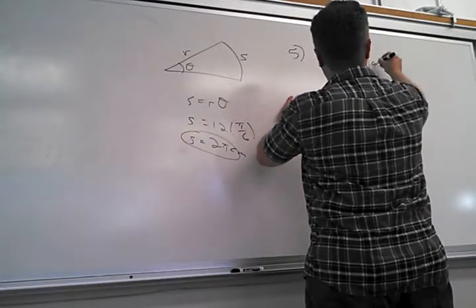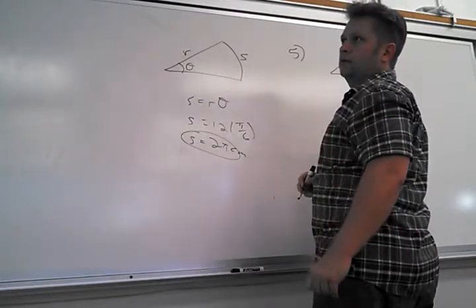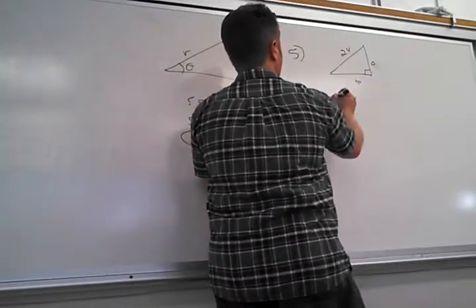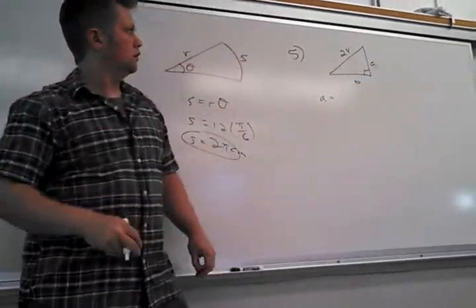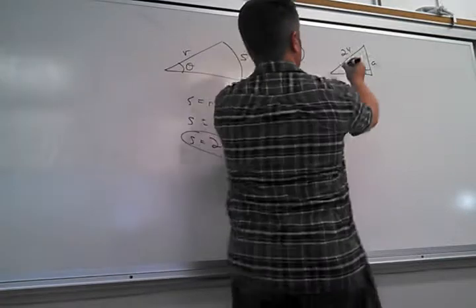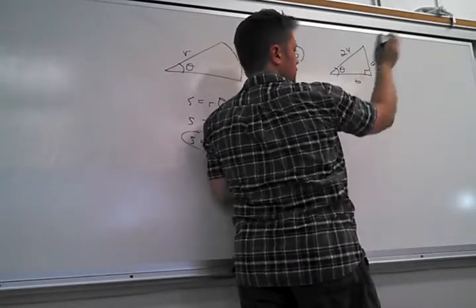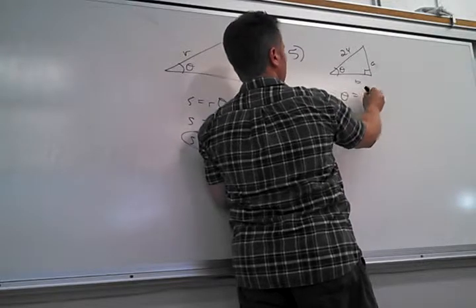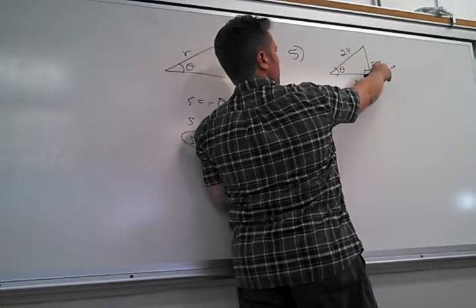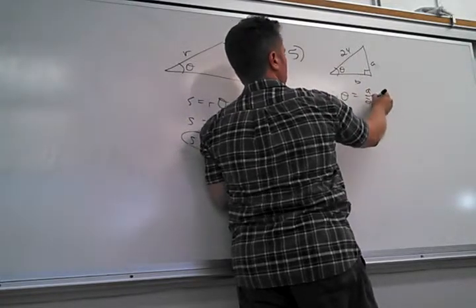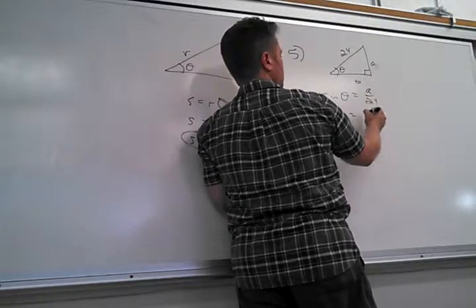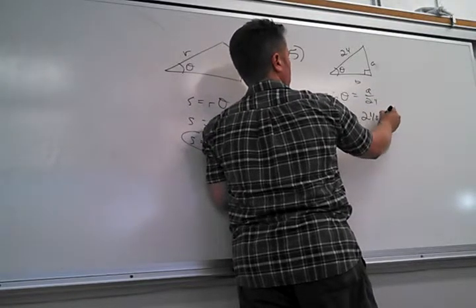It says express A and B in terms of theta. So let's do it this way. Here's theta. What would you use to talk about A? You'd use sine. Sine theta would be A over 24. So A is 24 sine theta.